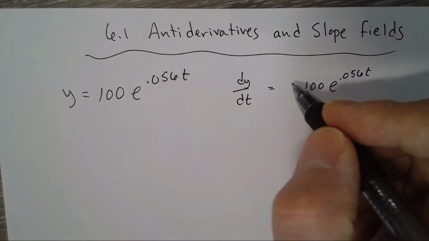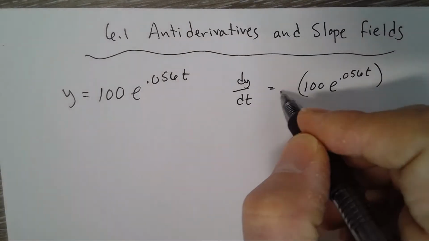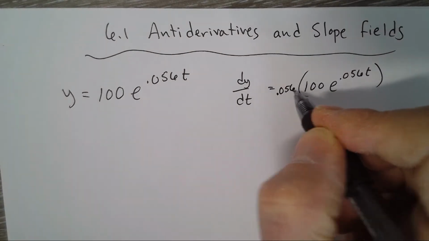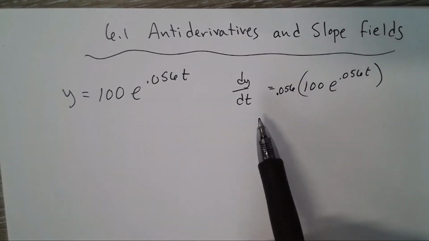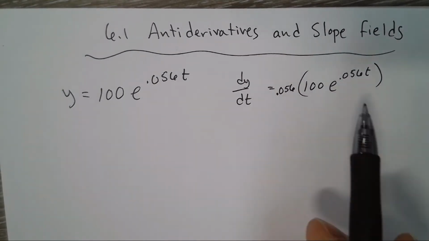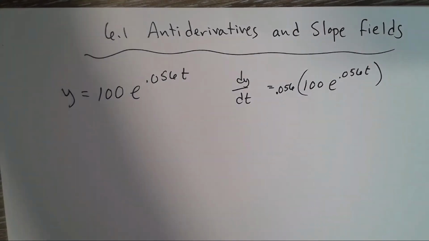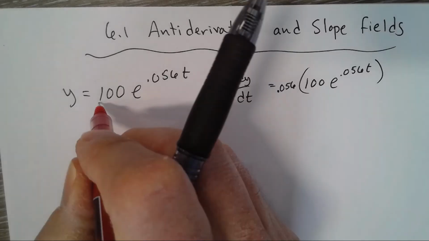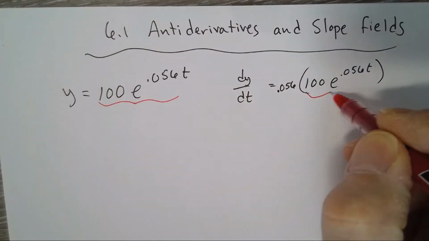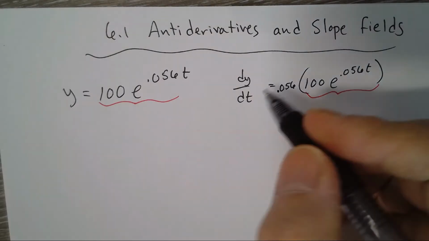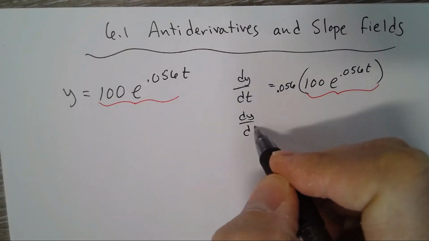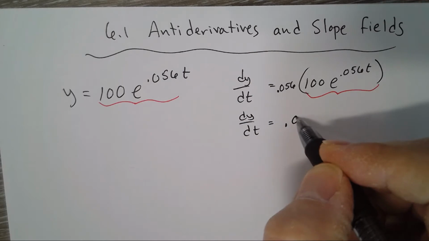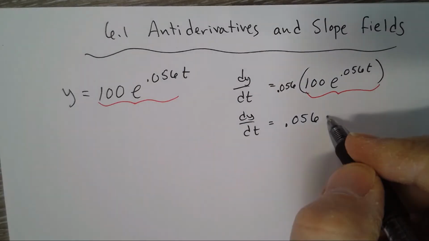So I'll put that out front. So the derivative is this, and we know that y is equal to this. So then you could just rewrite it as dy dt equals 0.056 y.